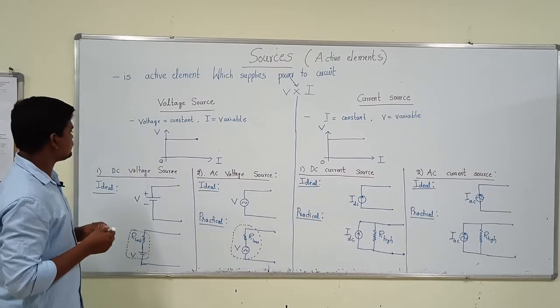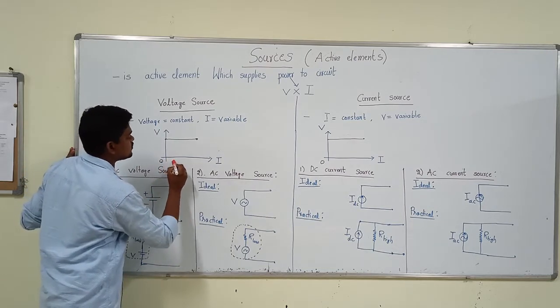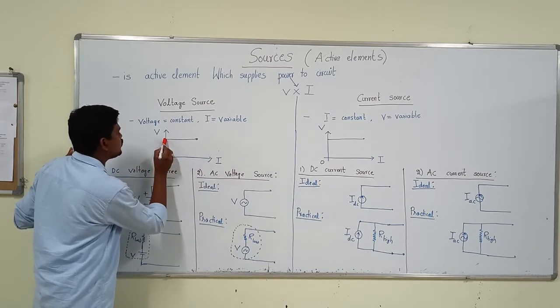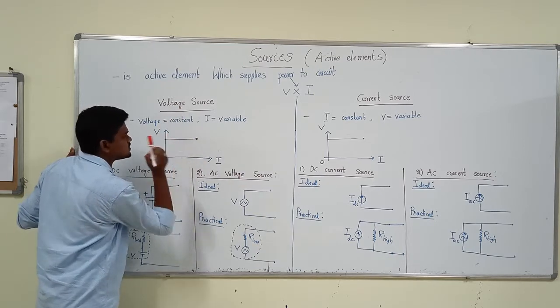This is the condition, which is why in the graph the current varies from 0 to some value. Looking at the voltage on the y axis, the voltage is constant, so it is a voltage source.